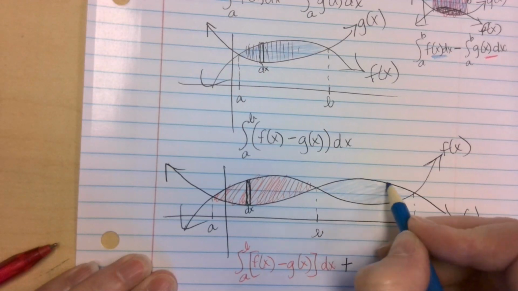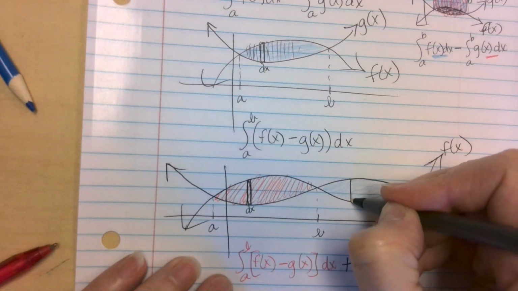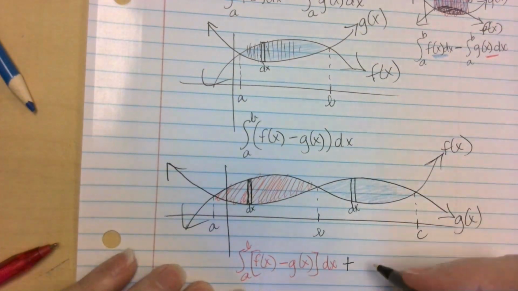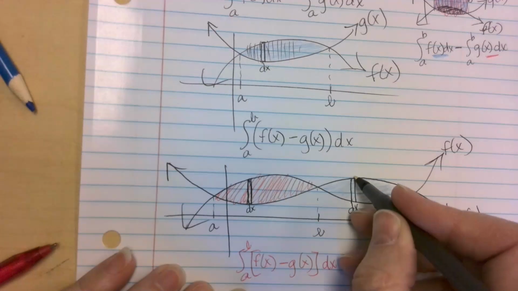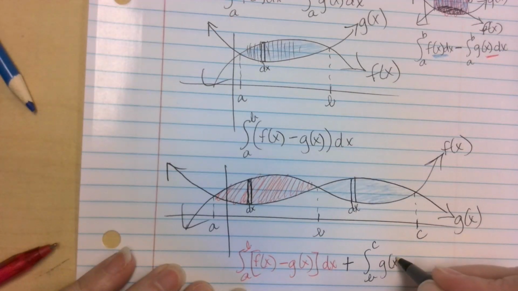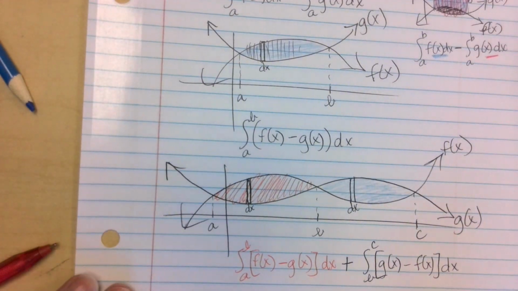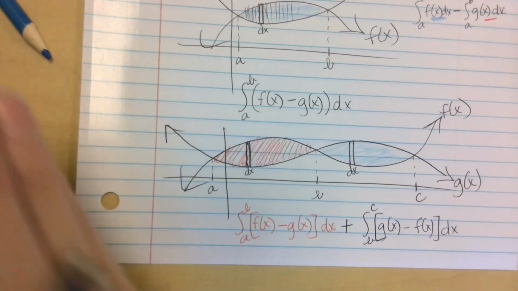then a representative rectangle here would be an integral from b to c, but the top one is actually g of x, and the bottom one is the f of x. So this would be the setup for doing these by hand.